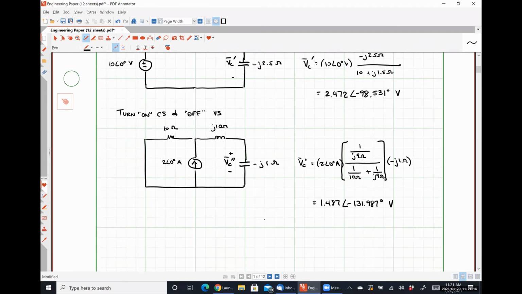So from that, VC of t is going to be 2.472 cosine(2t minus 98.531 degrees) plus 1.487 cosine(5t minus 131.987 degrees).